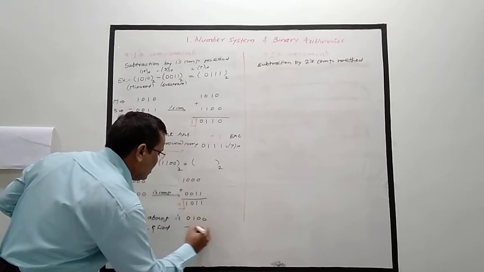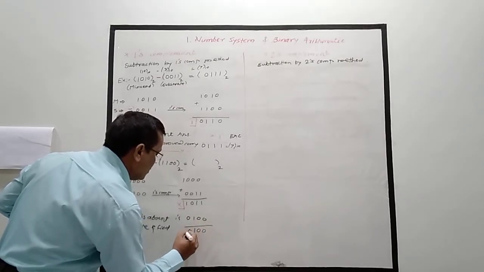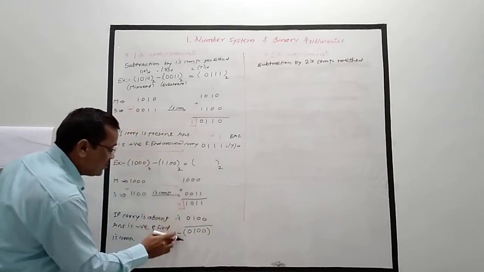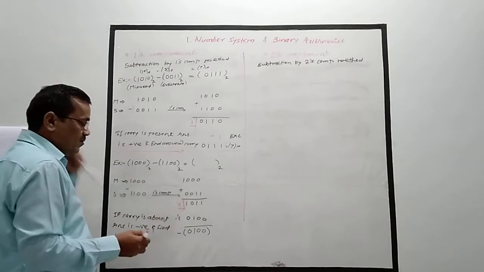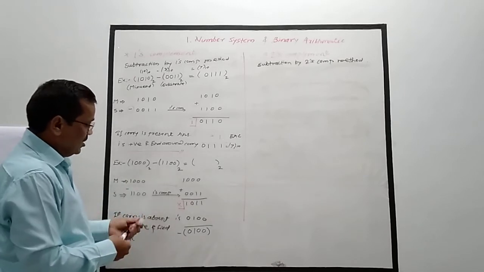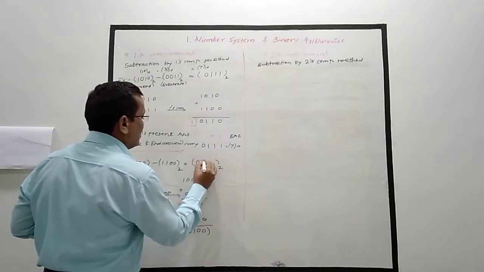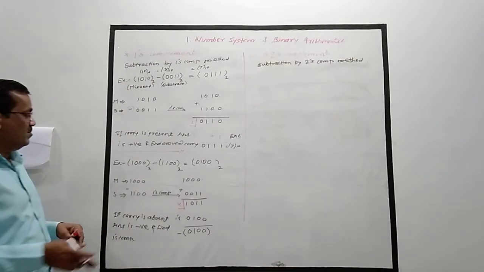See, this number is 1000 with minus sign because carry is absent. So here we can write 0100.